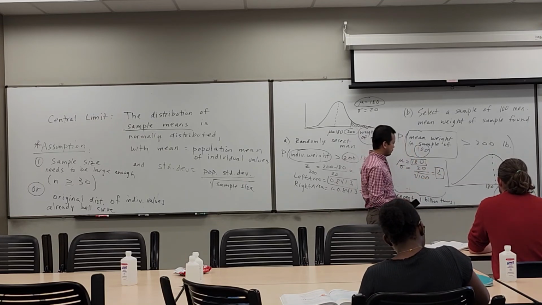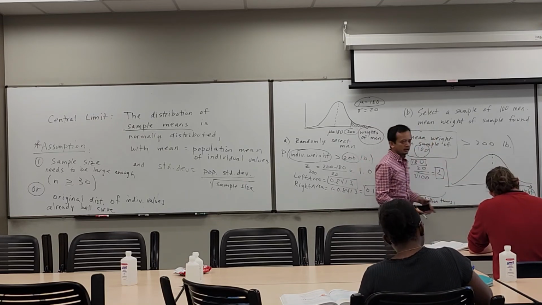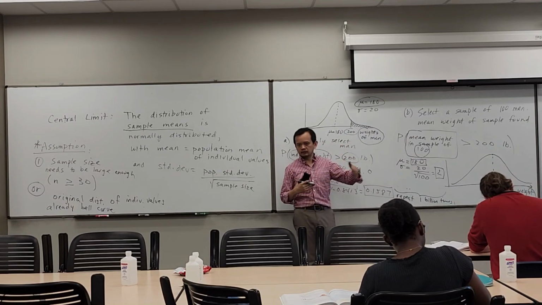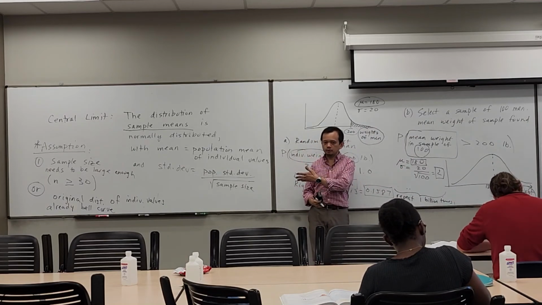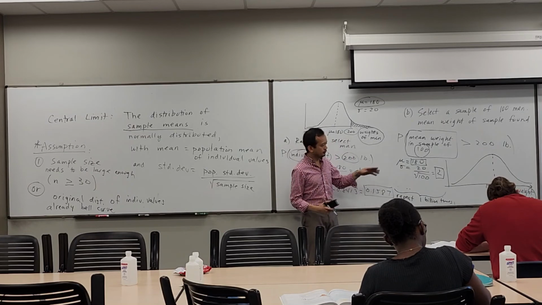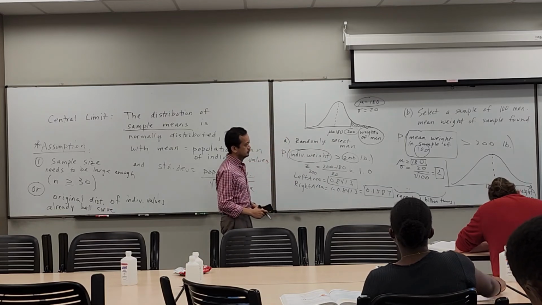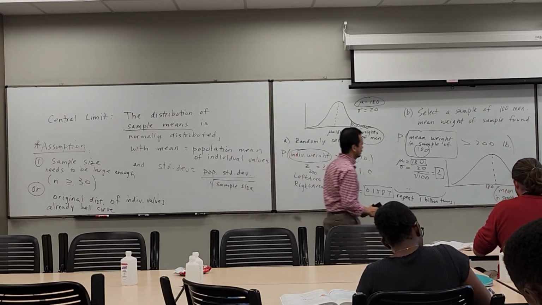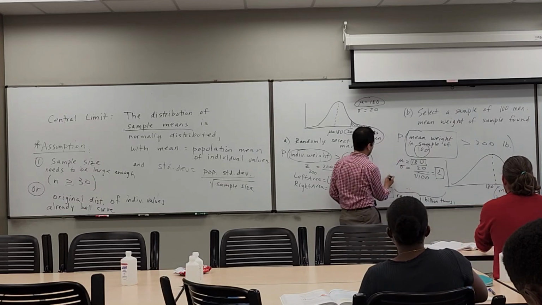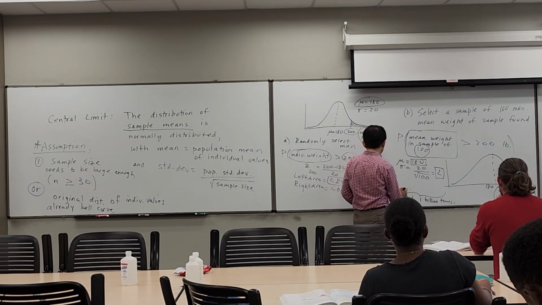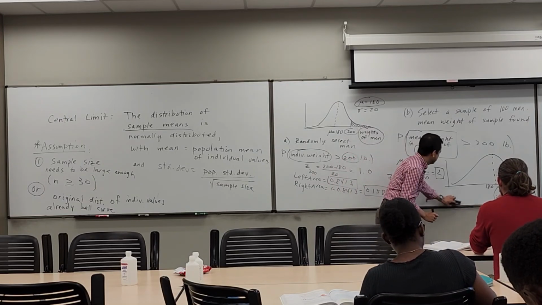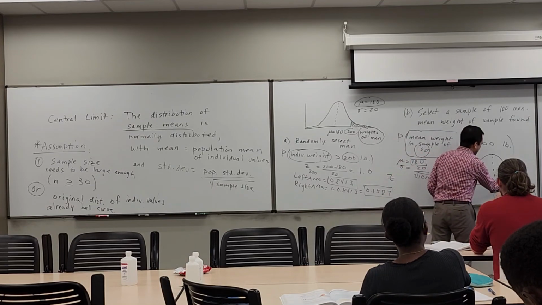So now that we got the correct parameters for this new bell curve, we can proceed exactly the same as the previous case for bell curves. Find the z-score, look it up in the chart. So let's find the z-score of this data point of 200.